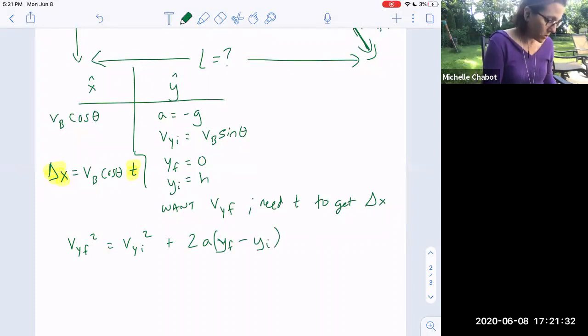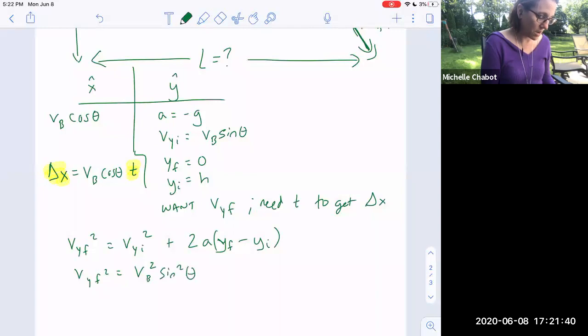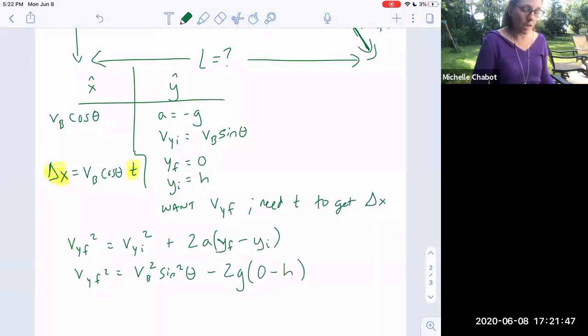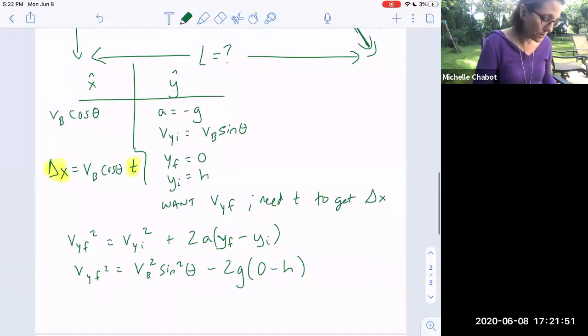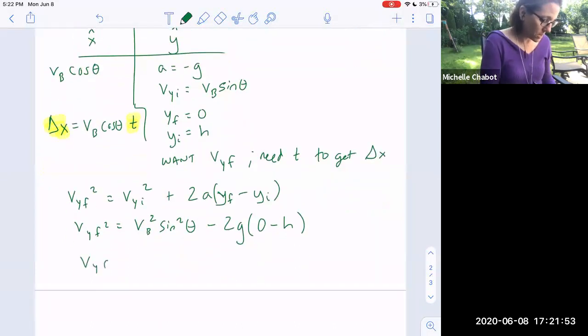Now I can say Vy final squared equals Vy initial squared, so VB squared sine squared theta, minus 2g, and then y final is 0 minus y initial, which is h, so 0 minus h. And then there's going to be a trick here that's really important. So this is going to be VB squared sine squared theta plus 2gh.